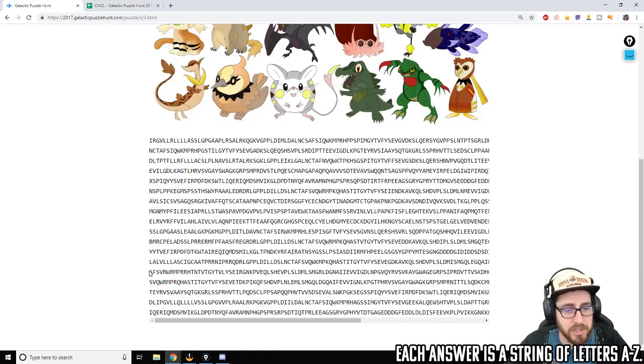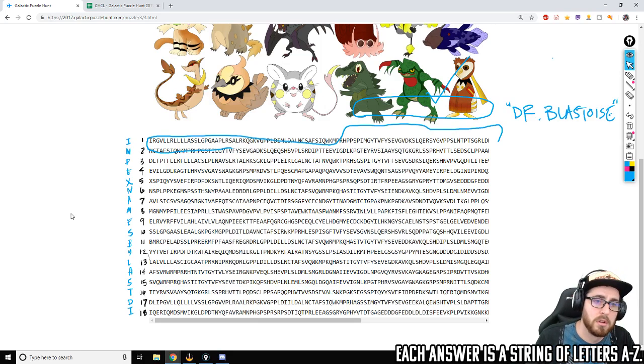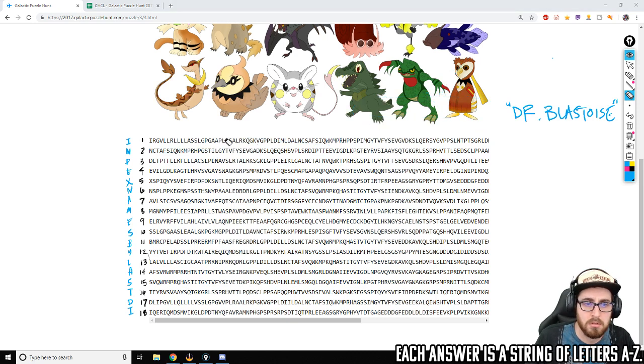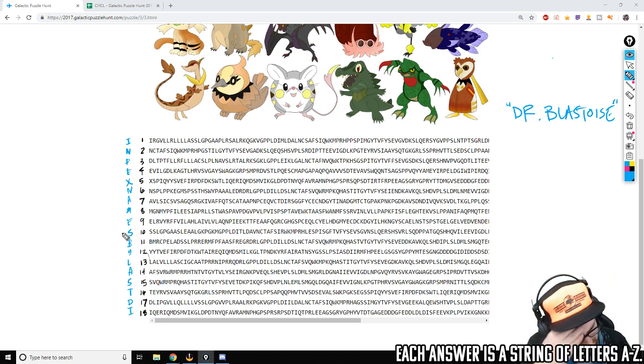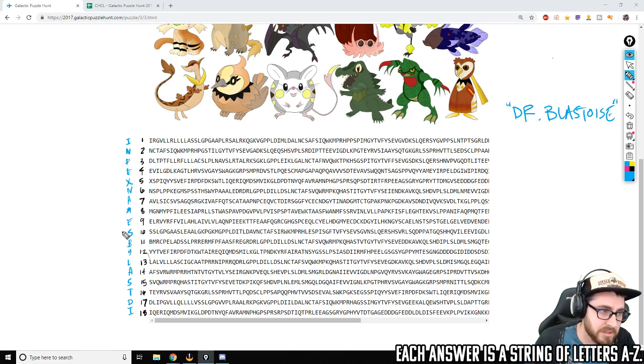Blastoise is the third evolution of 2 Pokemon. I mean, that doesn't really help.